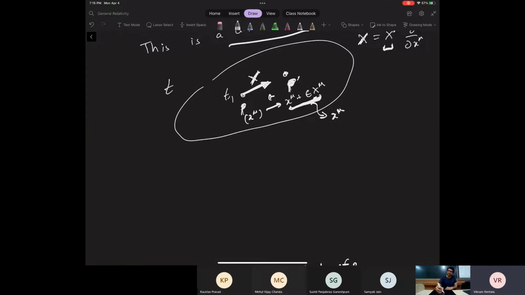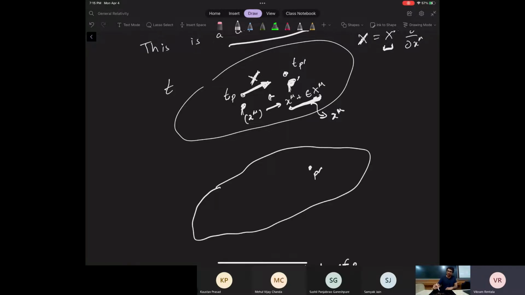The tensor field has some value at the point P, and some value at the point P prime. After this transformation, the point P prime has the coordinates x^μ, and the point P has some other coordinates. This is after a coordinate transformation.